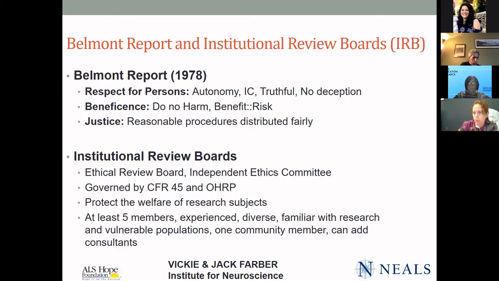It's governed by the Code of Federal Regulations 45, and also the OHRP, the Office of Human Research Protection, is governing institutional review boards across the country. Every institution doing human research has not only one, but big institutions like a big university have at least several institutional review boards in order to handle all the research requests.